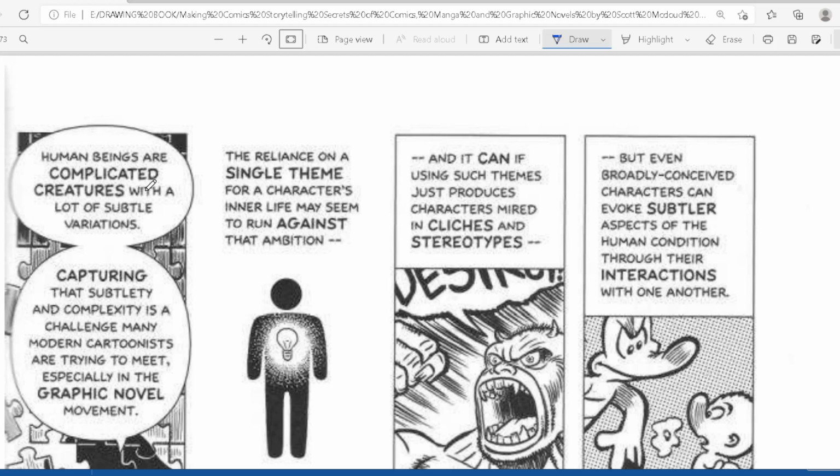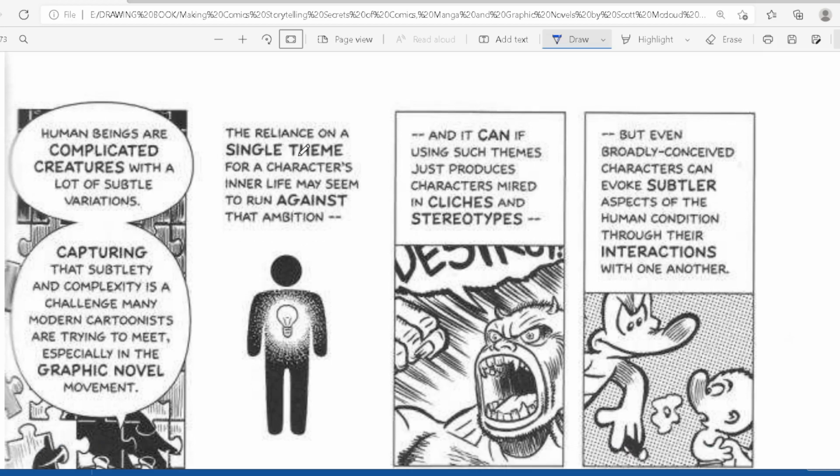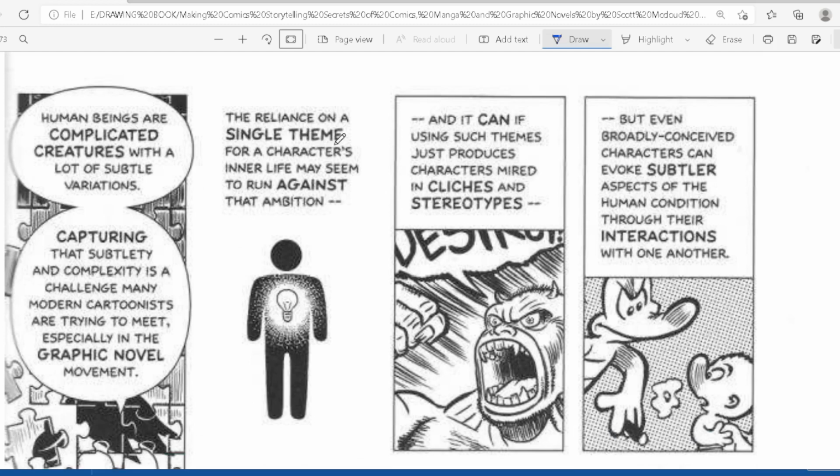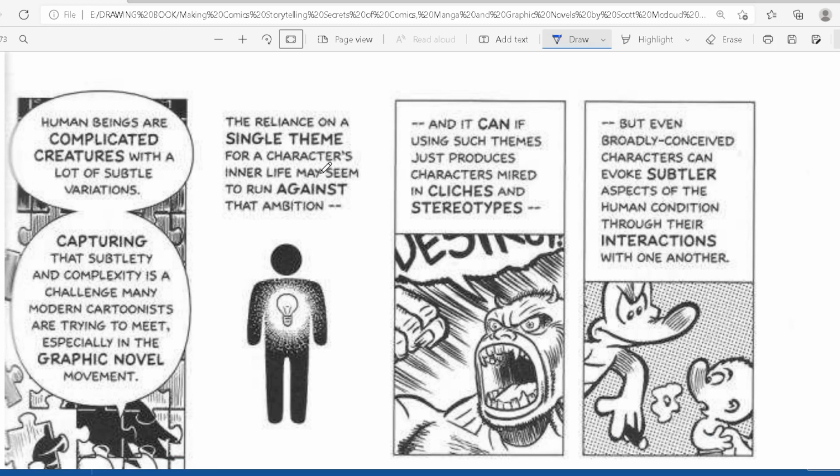why I said this. The reliance on a single theme for a character's inner life may seem to run against that ambition. Okay, it is interesting what he's saying.